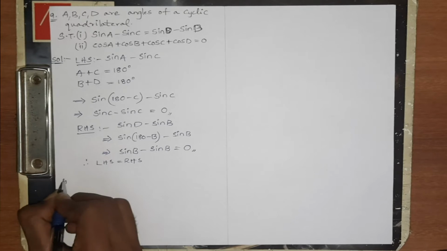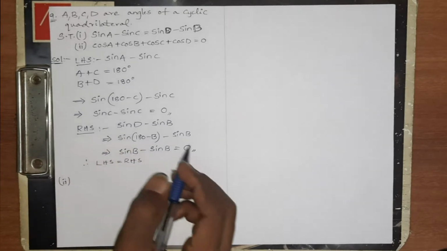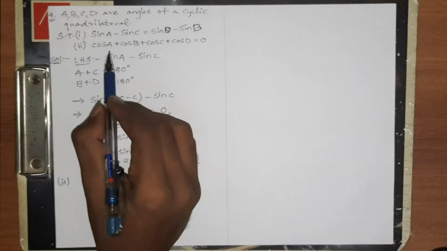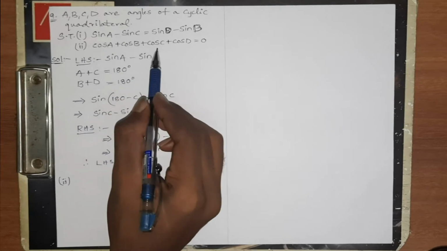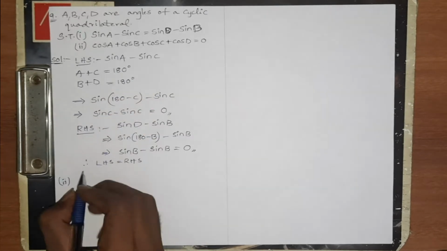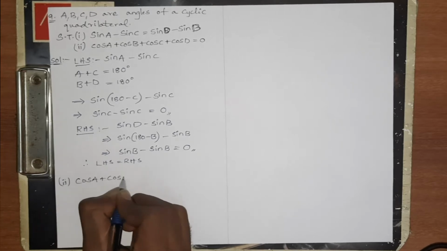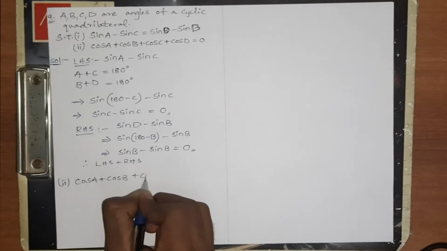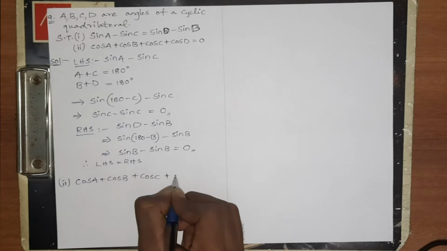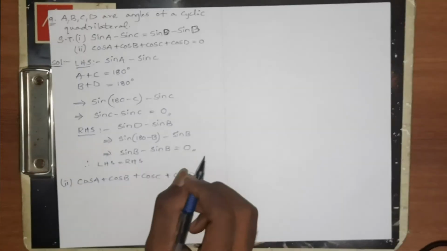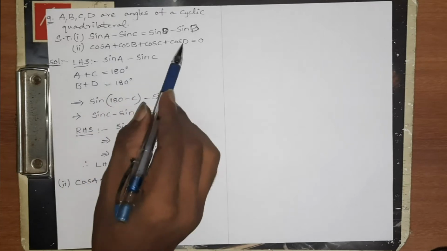So let's move on to the second one of the same question. We have to prove that cos A plus cos B plus cos C plus cos D equals 0. So cos A plus cos B plus cos C plus cos D. We consider the left hand side first.